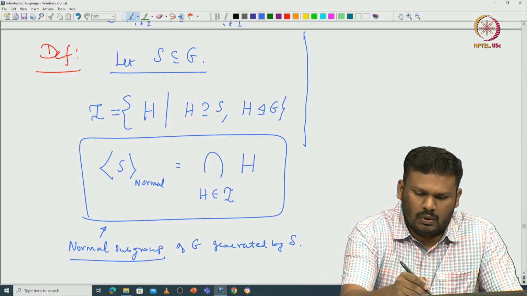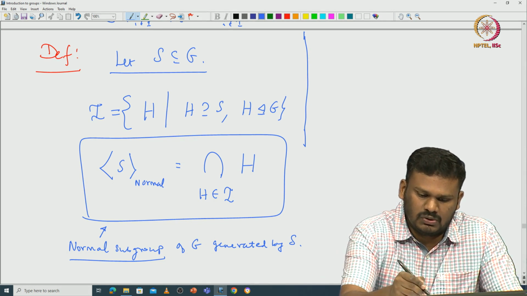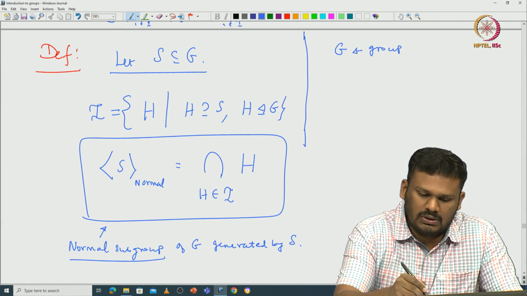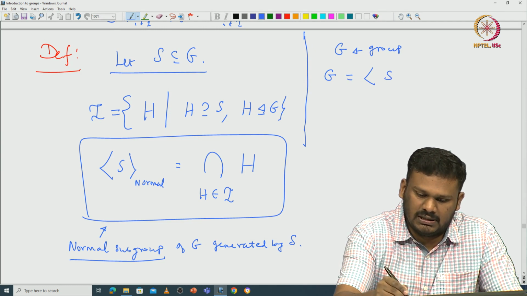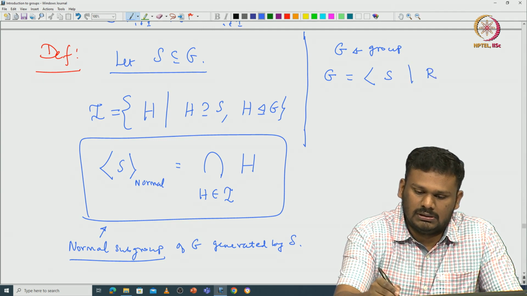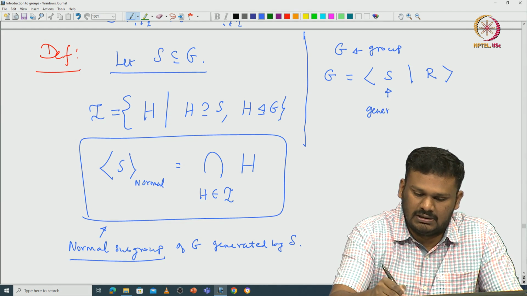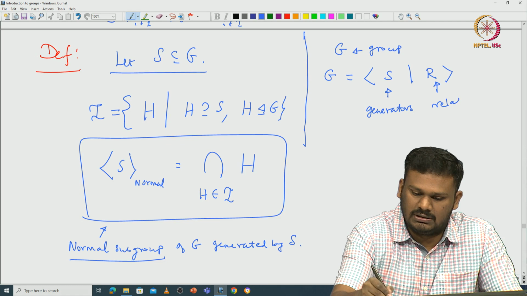But what is a presentation of a group? Let us say G is a group, and we want to say that G has this presentation, which is generated by some set of generators, let us call it capital S, modulo some set of relations. This is called the set of generators and this is called the set of relations.